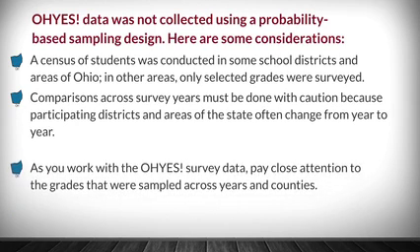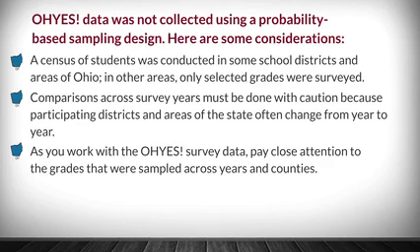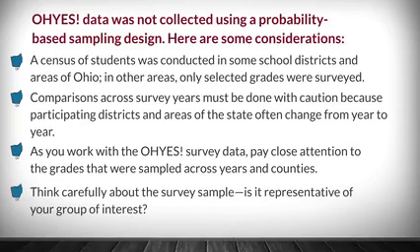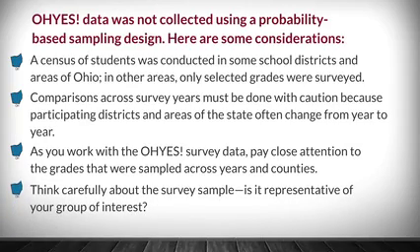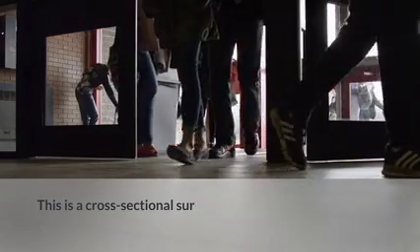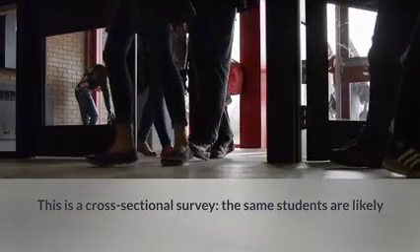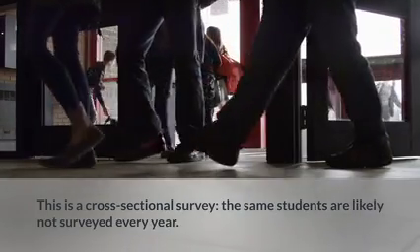As you work with the OHYES survey data, pay close attention to the grades that were sampled across years and counties. Think carefully about the survey sample. Is it representative of your group of interest? This is a cross-sectional survey. The same students are likely not surveyed every year. Be careful of interpreting survey items about events and behaviors that do not occur very frequently.